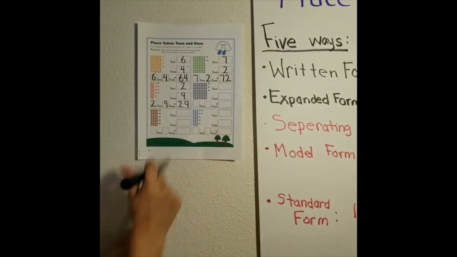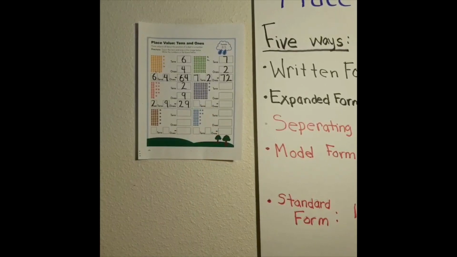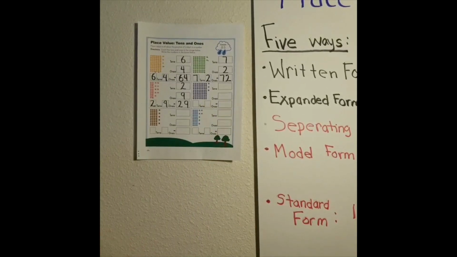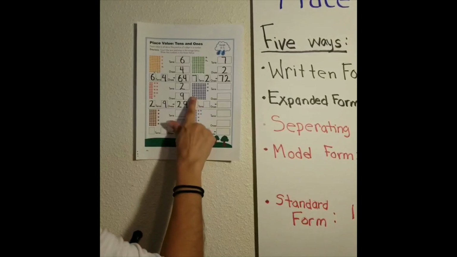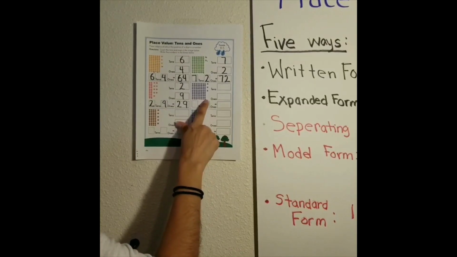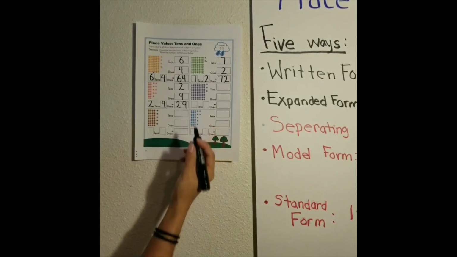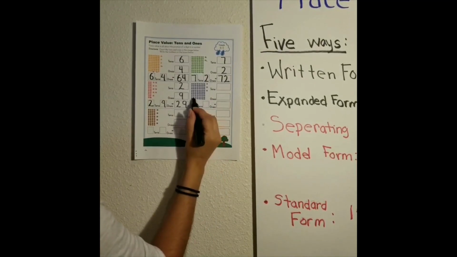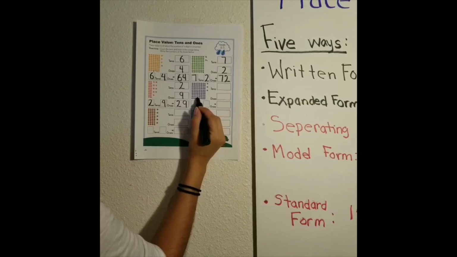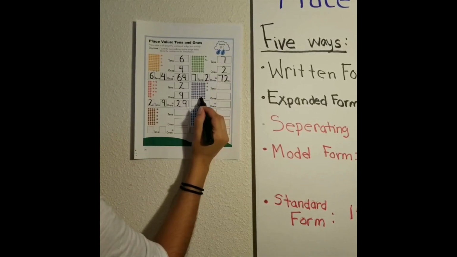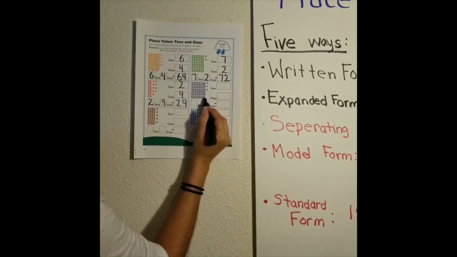And as you can tell, this next problem looks a little bit bigger than what we've been working on. So remember, each row has 10, so that's our rod. So we're going to count how many rows we have that are 10s. 1, 2, 3, 4, 5, 6, 7, 8.